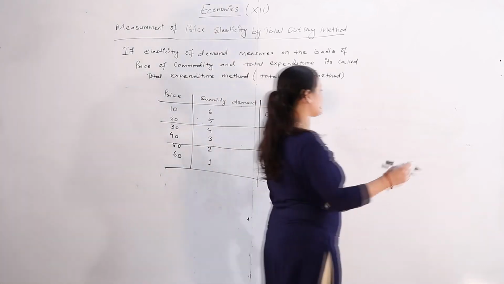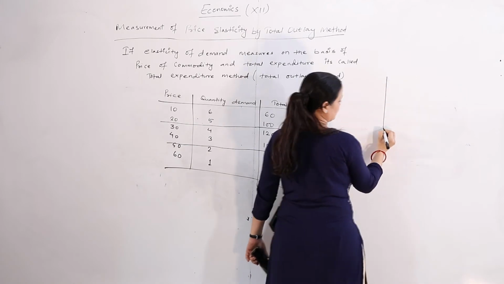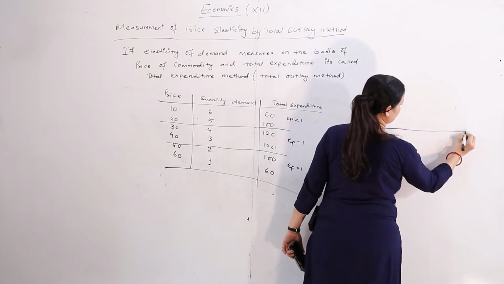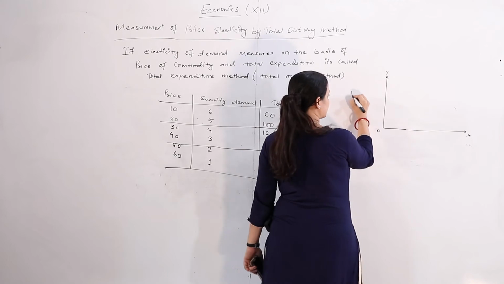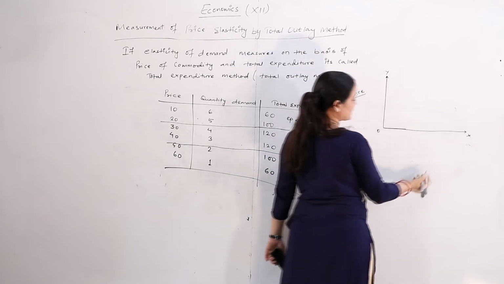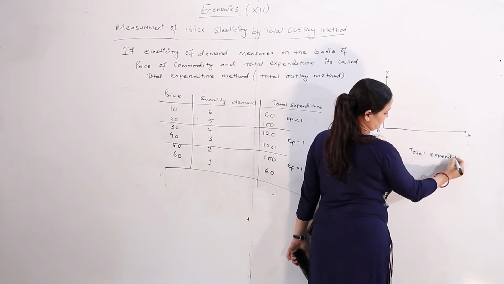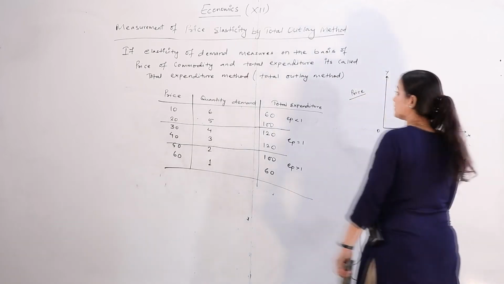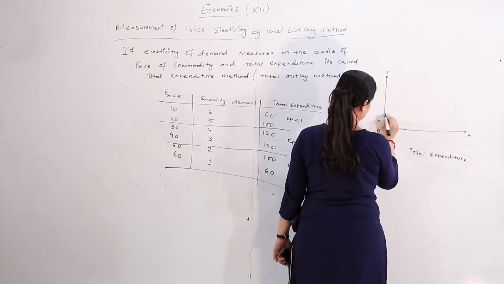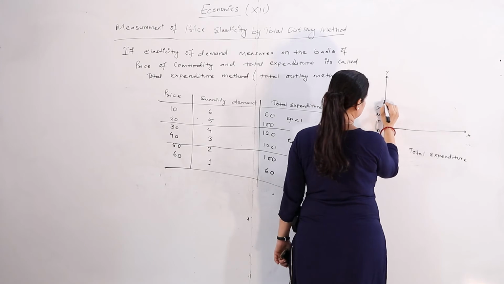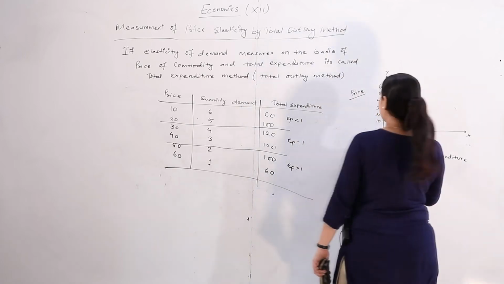So this can be explained with the help of the figure. Now the y-axis represents the price of the goods and services and the x-axis represents the total expenditure. Now in the given table, the price is 10 to 60, and the total expenditure.